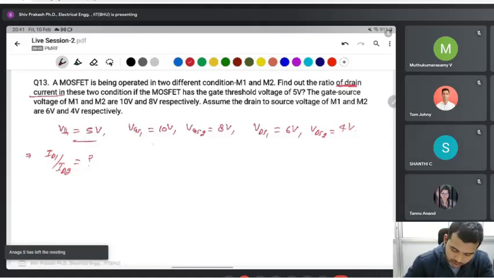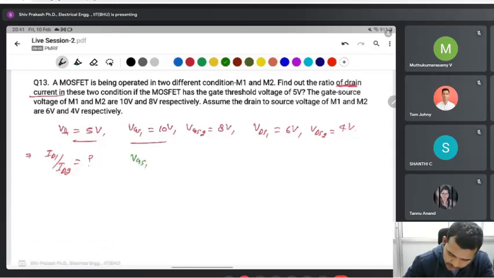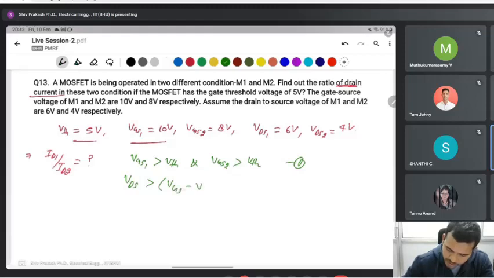Here VGS1, 10 volt, is greater than VTH, 5 volt, and VGS2 is also greater than VTH. So the first condition is satisfied. Second condition, check that VDS should be greater than VGS minus VTH.